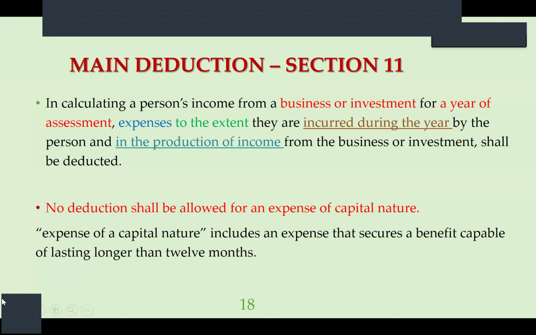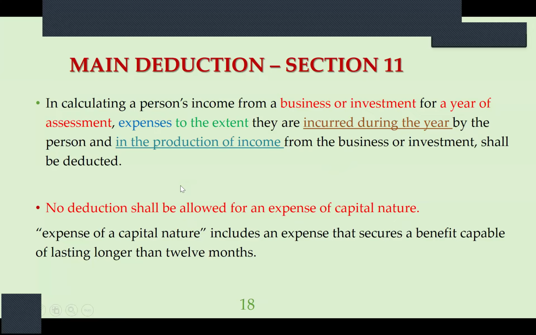So it says when we are calculating business or investment source for a year of assessment, the expenses incurred to the extent during that year of assessment in the production of income. This term is very important: in the production of income. If we have incurred some expenditure in the production of income from business or from investment, that expenditure is deductible.